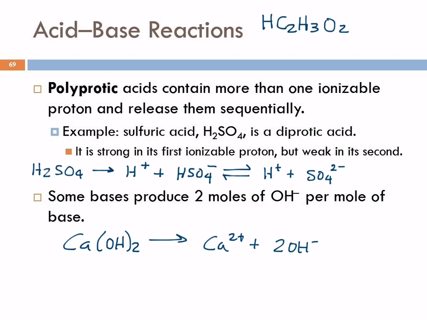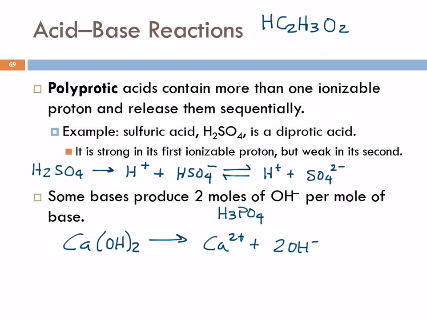Actually, sulfuric acid is the only strong multiprotic or polyprotic acid. Phosphoric acid is a triprotic acid, but it's weak in all three of its protons. So one will come off and you'll have dihydrogen phosphate, and then that will ionize a little bit, and then hydrogen phosphate will ionize a little bit.